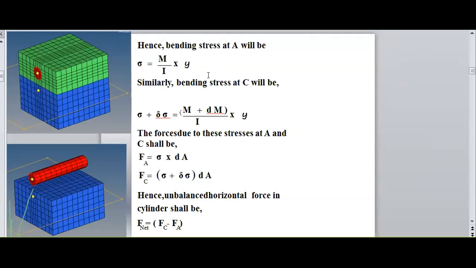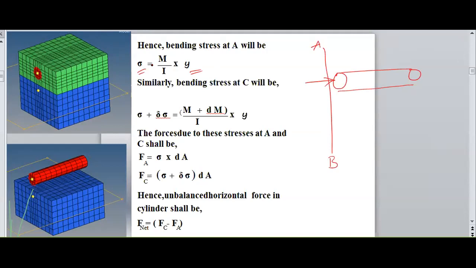Now, if I need to find out the stress on the cylindrical body, I have a formula. Bending stress on the side of AB will be sigma only.